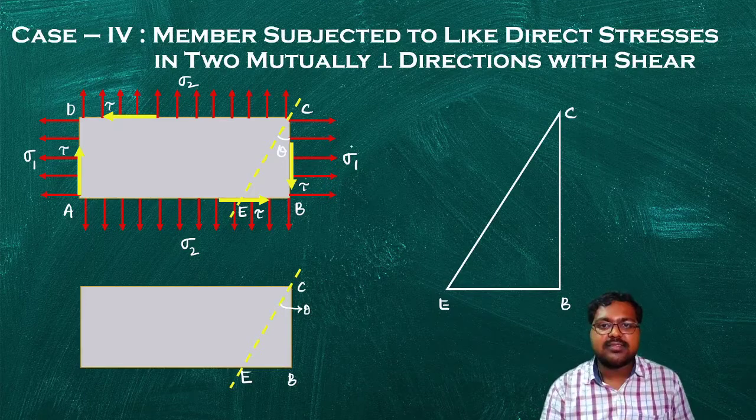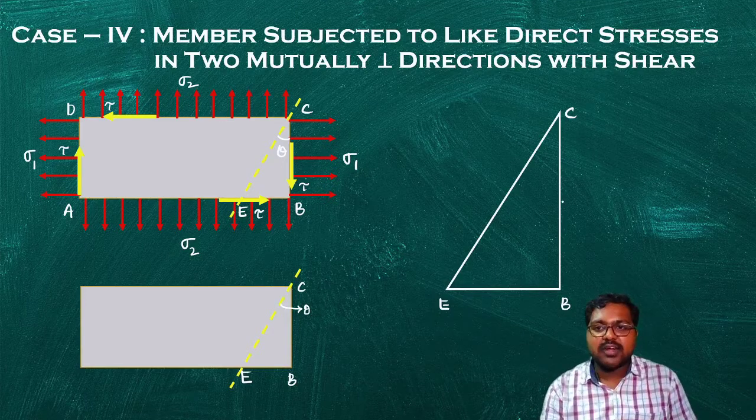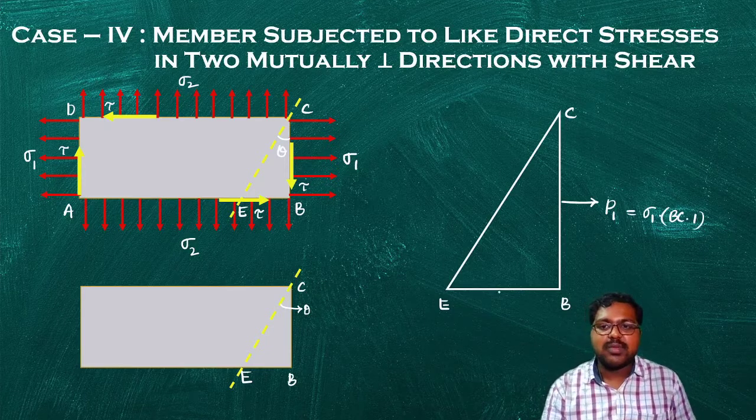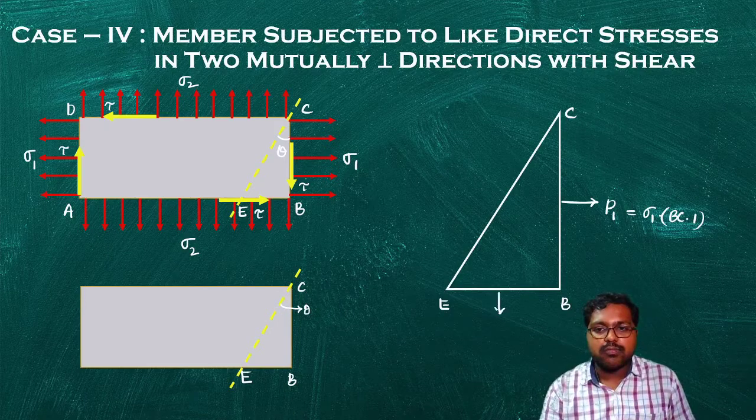Here the stress sigma 1 will be converted into force P1, of intensity sigma 1 into area BC into 1, and similarly stress sigma 2 is converted into force P2 acting in this direction, with intensity sigma 2 into EB into 1.